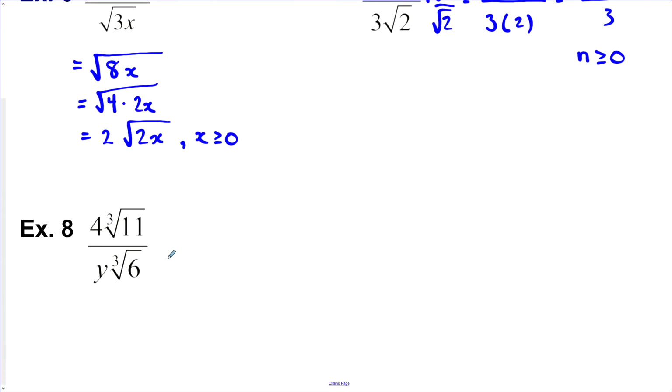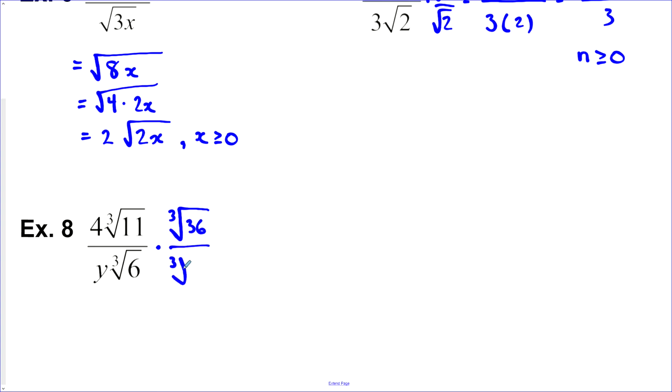And the last one, there's nothing we can divide here for y and 11 and 6, so we're going to rationalize the denominator. And I'll do it in one step this time. To get a perfect cube with 6, I need a 6 times 6.